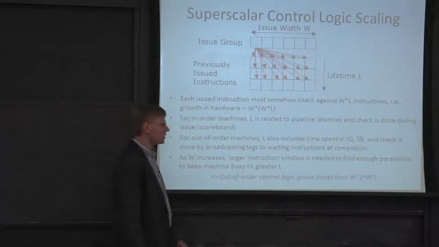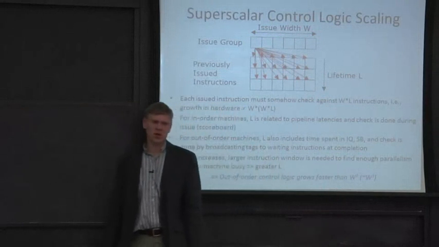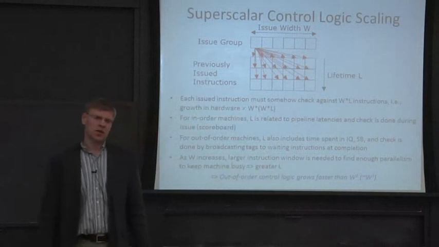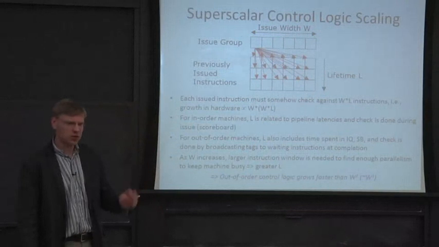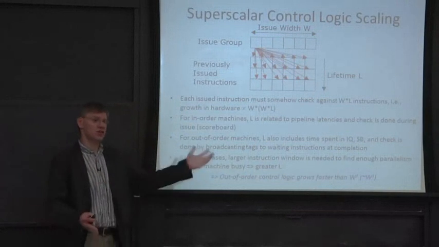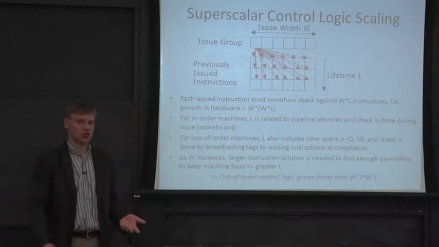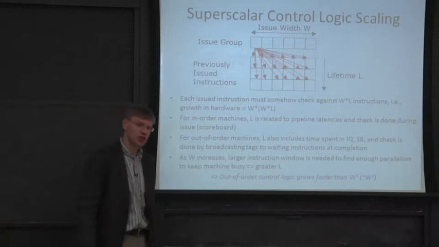We're not going to count if they actually get all the way to the reorder buffer, because by the time they get all the way to the reorder buffer, depending on how you build your processor, you probably don't need to continually check those against the other instructions that are coming. You've already broadcast that back to either your reservation station or your instruction queue to issue further instructions.